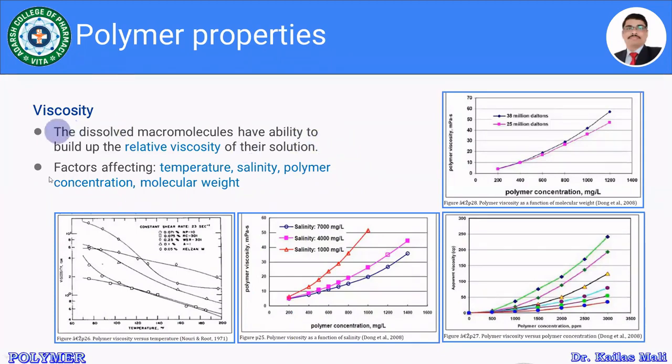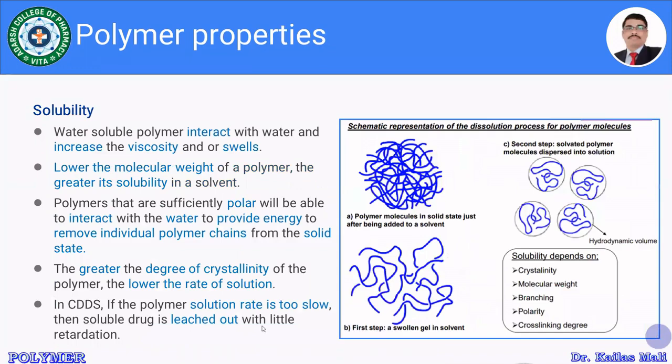More precisely, the viscosity parameter is important for the designing of suspensions or emulsions types of dosage forms. Let us move towards the next polymer property, that is the solubility.